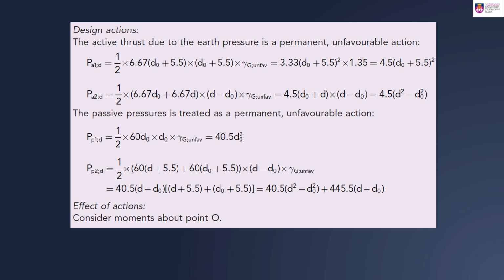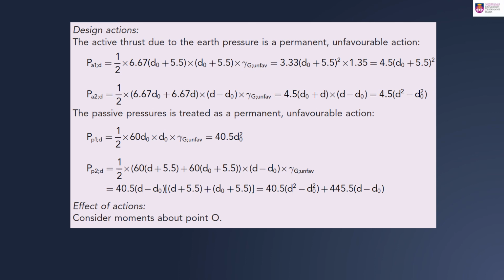And then the active thrust 2, the equations with substituted values obtained from table 5.1. So we have 4.5 d naught plus d times d minus d naught equal to 4.5 d squared minus d naught squared.